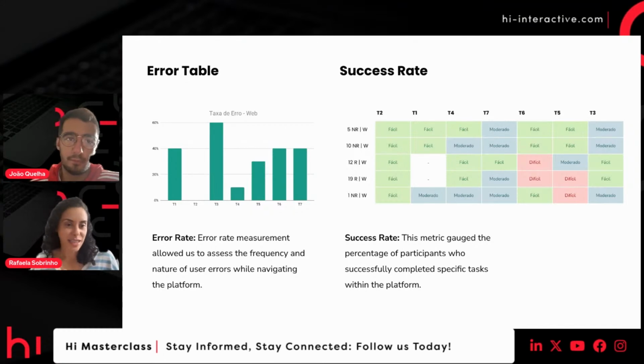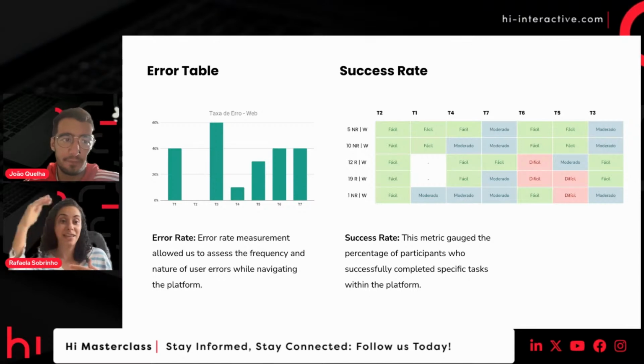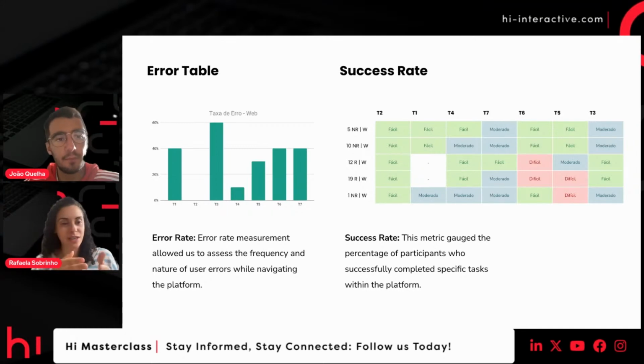When they are doing the test, they say, oh, I don't understand this button, why is it here? If I click here, I think I go to another page, no, that doesn't happen, why did I do that? That's very important because we have a list of insights and we can compare them with these numbers and go straight to the problem.